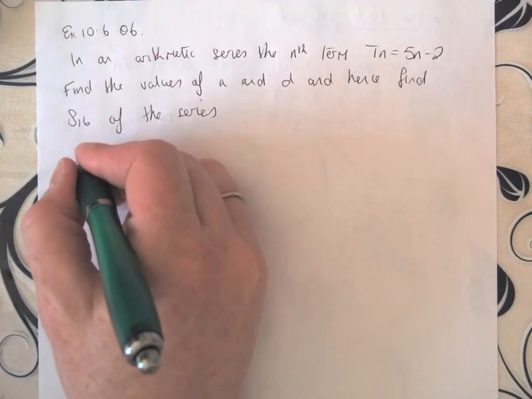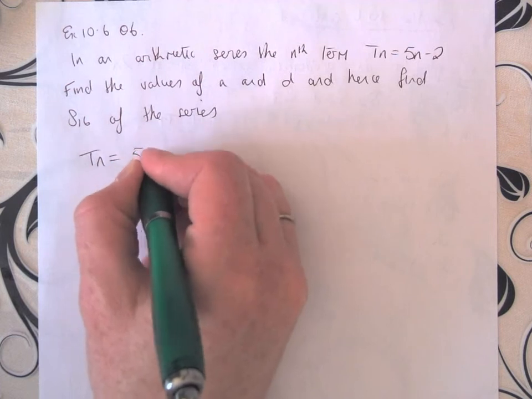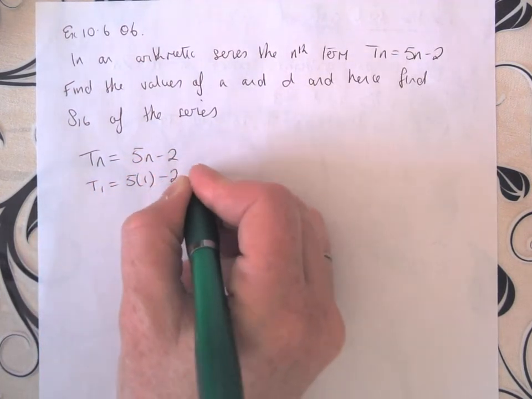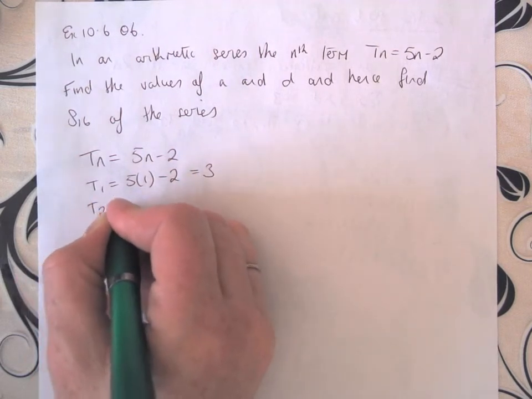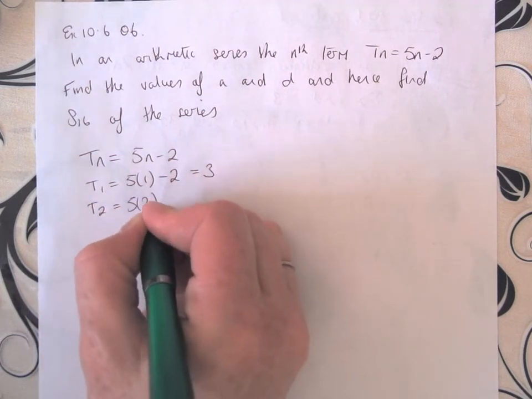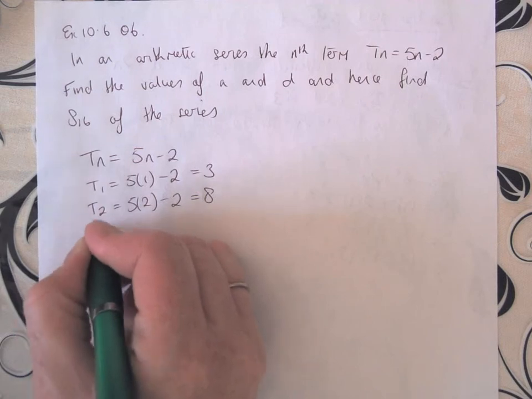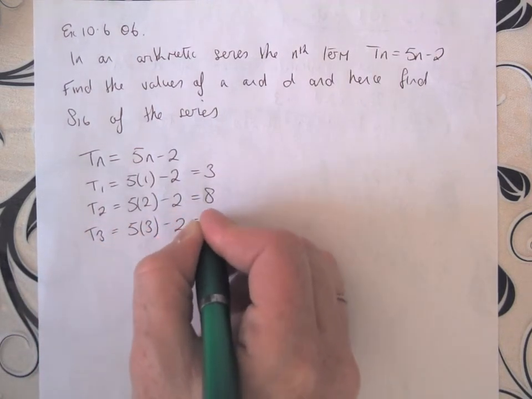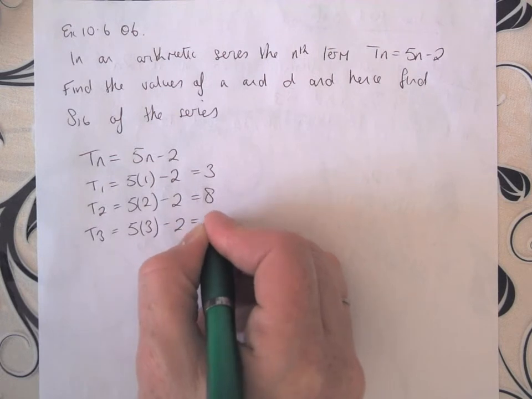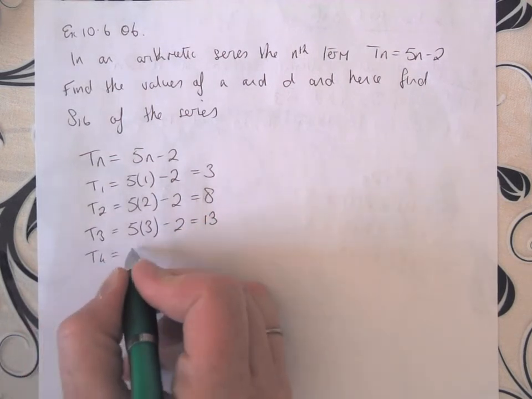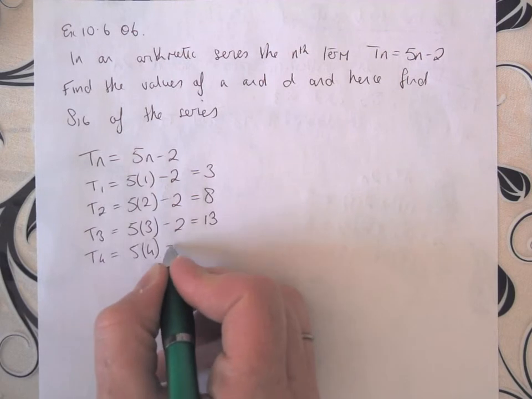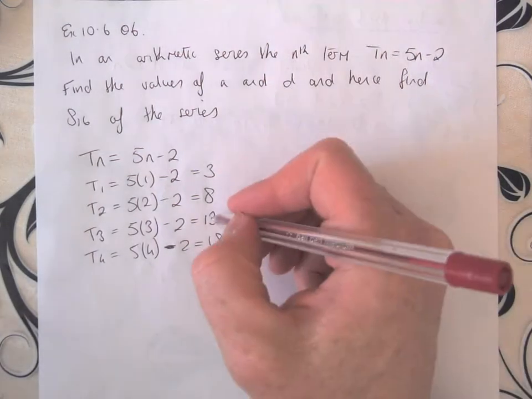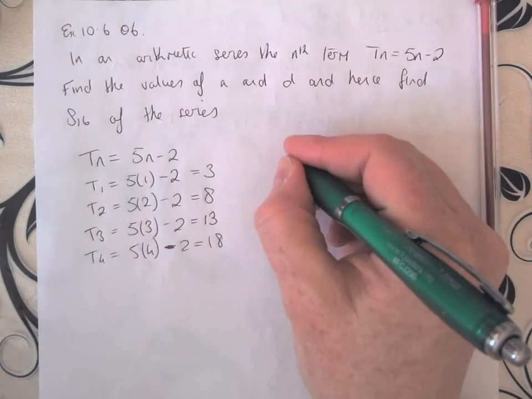So we've been given Tn, so we can get a few numbers in the pattern. Okay, so 3, 8, 13, 18 is my sequence.